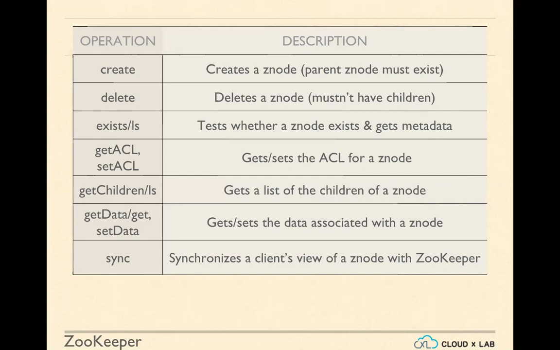Because a client's view could go stale, as we discussed yesterday, in case you are connected to an older node there are chances that there is newer data, and you can explicitly synchronize your view to Zookeeper.